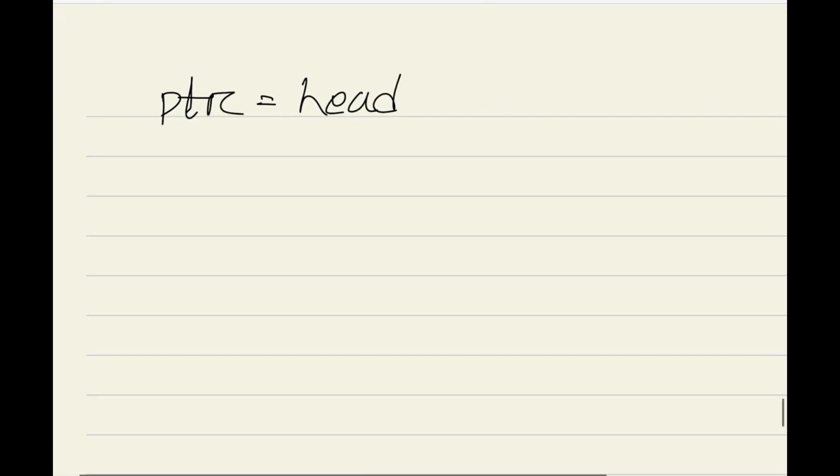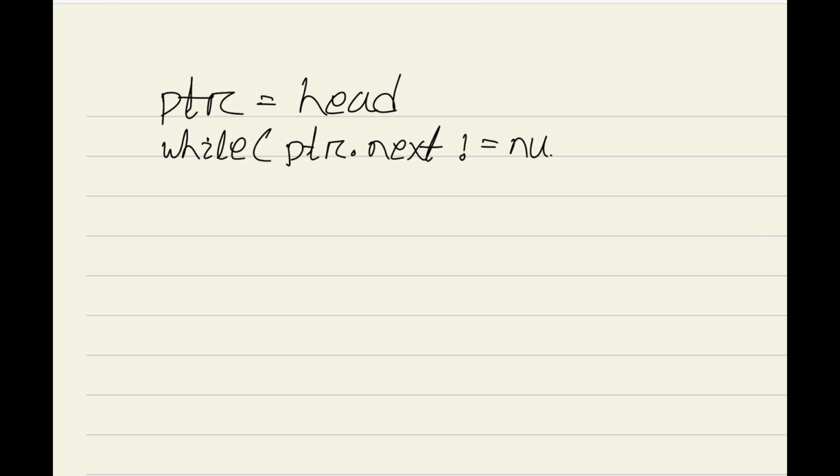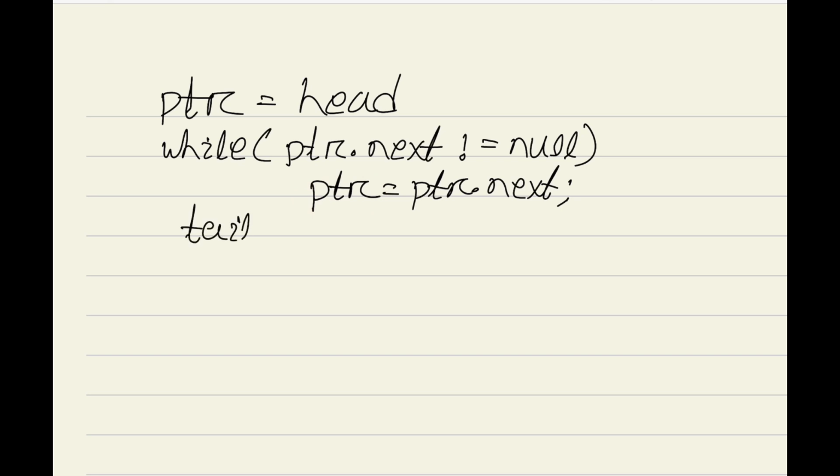Then we can write here while ptr dot next not equal to null, ptr equal to ptr dot next, and when the loop terminates, at that time the node that is referred by ptr will be the tail node. So after the loop, here we can write tail equal to ptr.